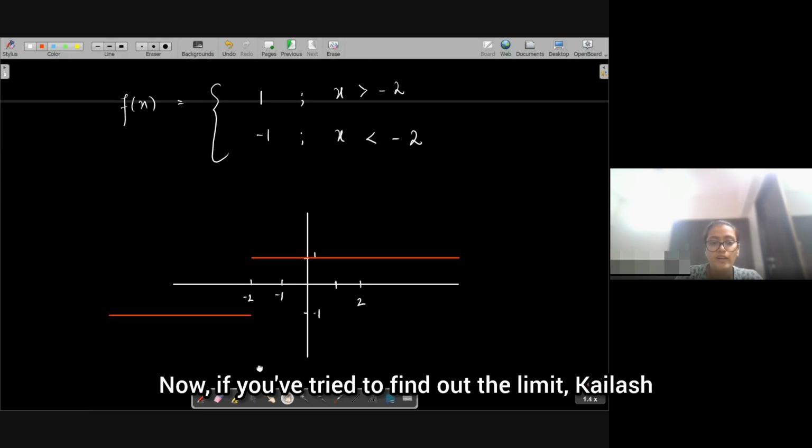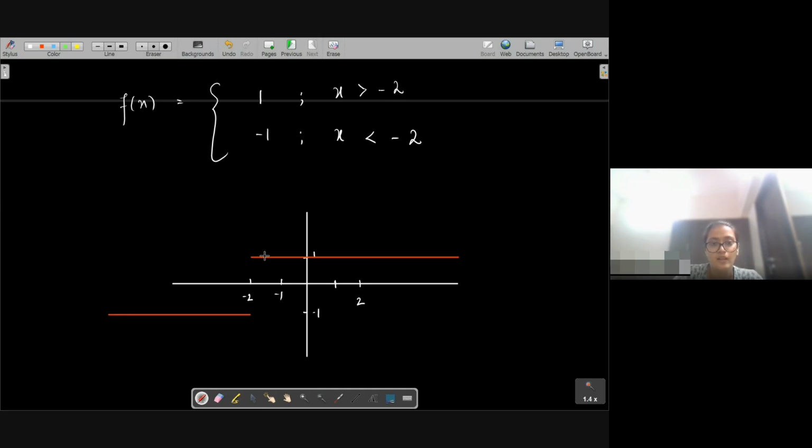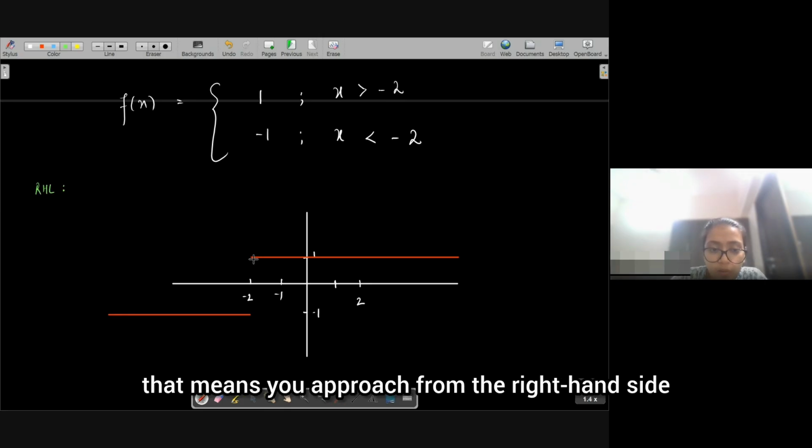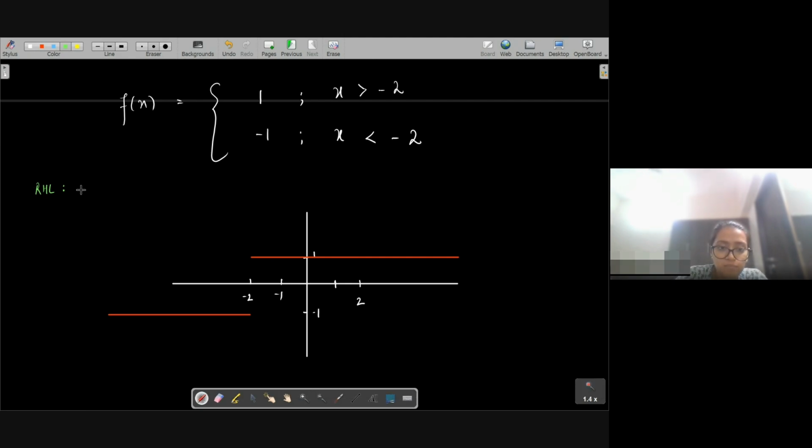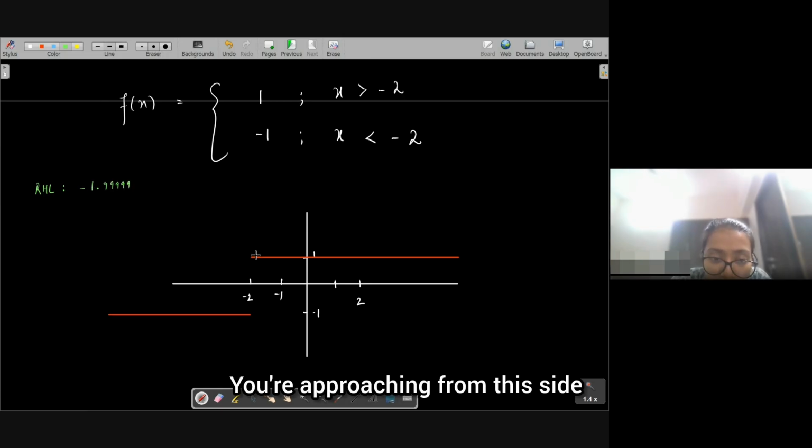Now, if you try to find the limit, Kailash, the right-hand limit means you approach from the right-hand side. Your number is -2, so from the right-hand side it will be -1.99999. You're approaching from this side.